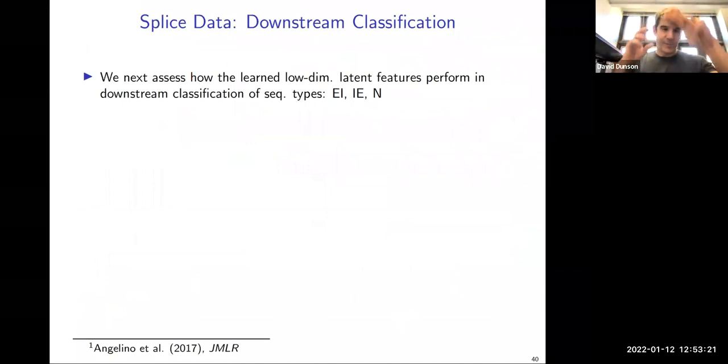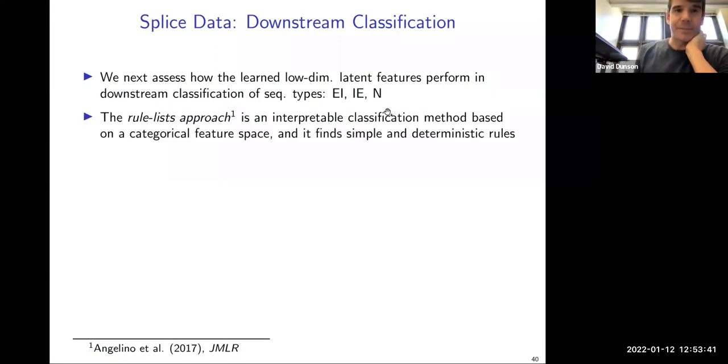We had 3 levels of the Z, and we had 5 binary indicator variables. And so we built a classifier for assessing how our Z and alphas performed in classifying EI, IE, and N, the held out labels.